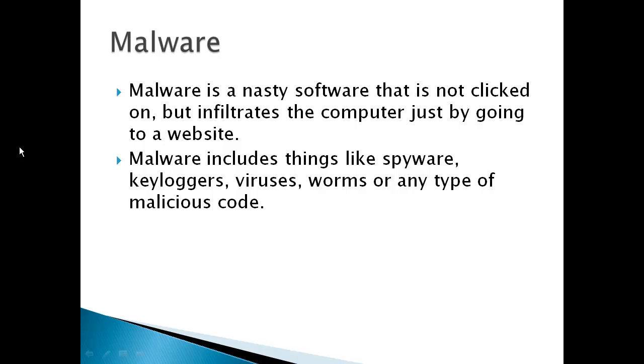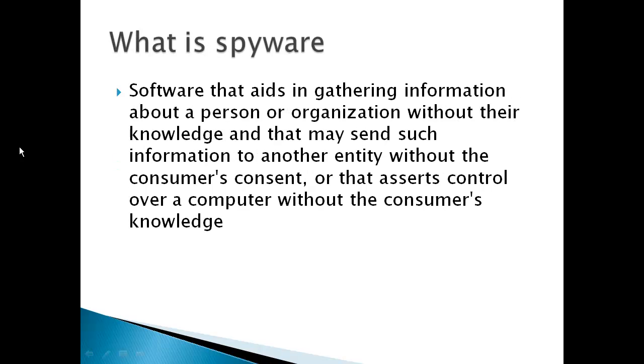Malware. Malware is nasty software that is not clicked on, but infiltrates computers just by going to a website. Malware includes things like spyware, keyloggers, viruses, worms, or any type of malicious code. So what is spyware?